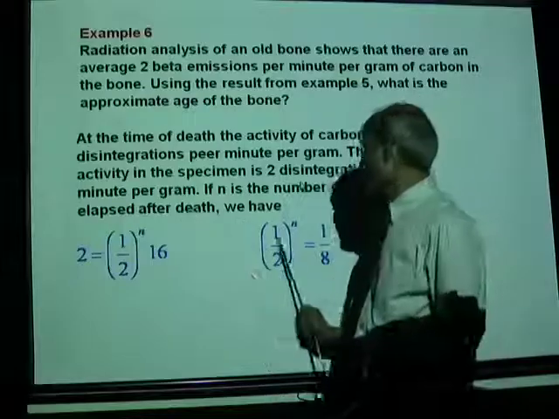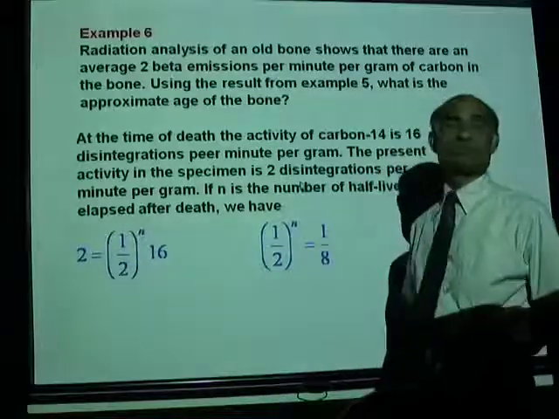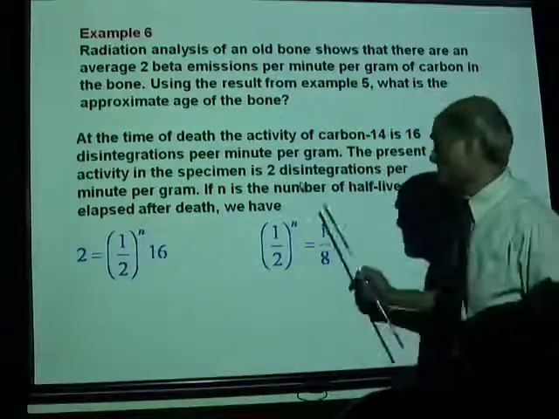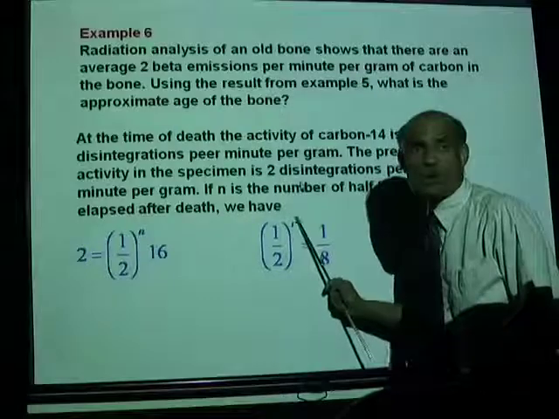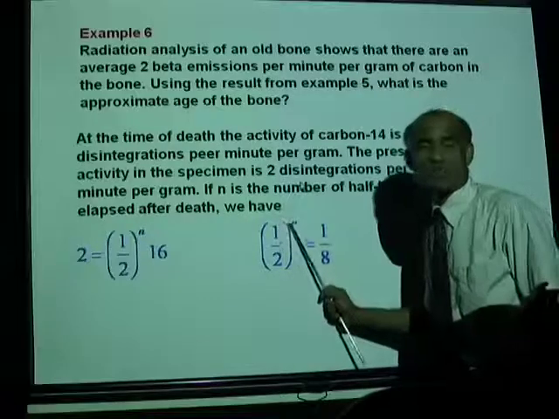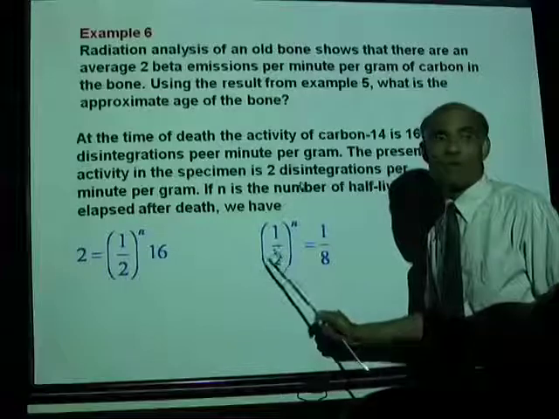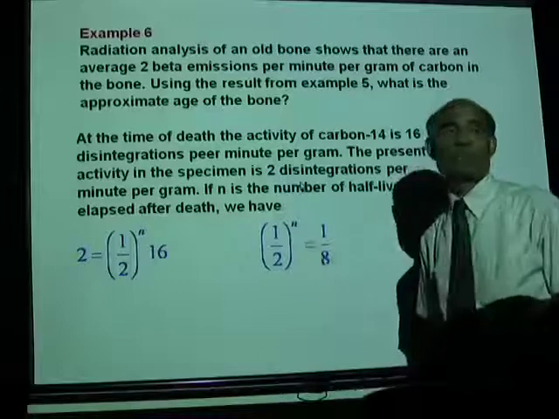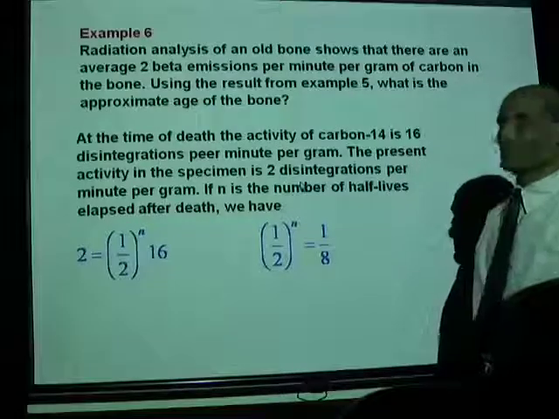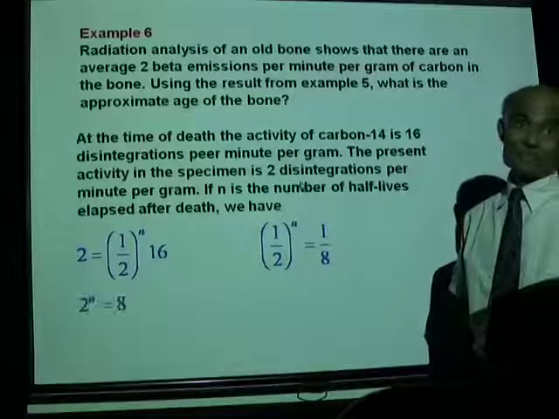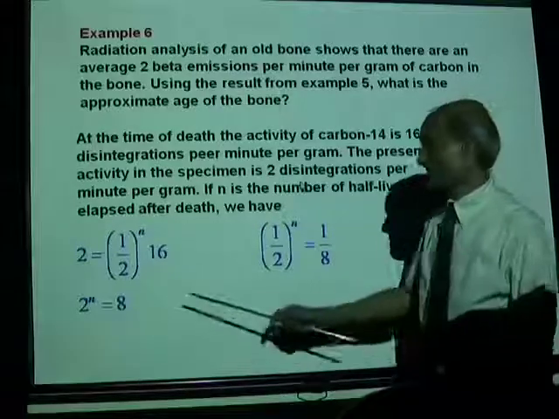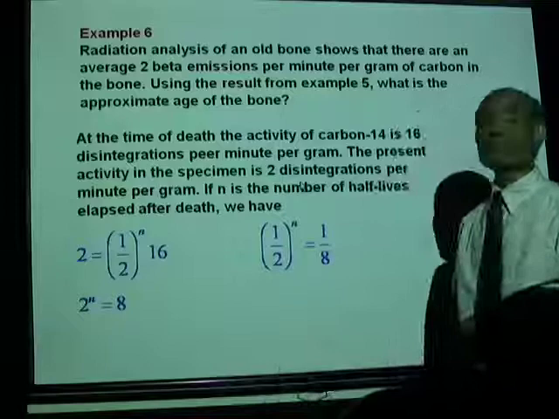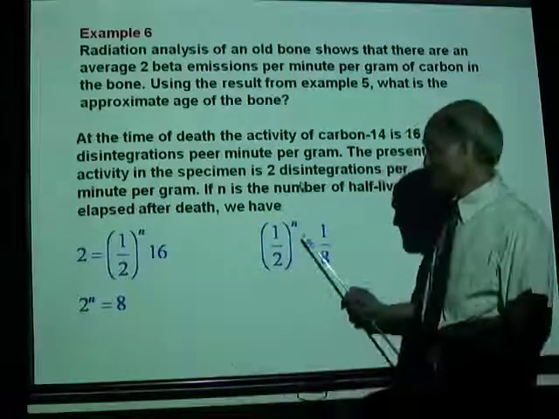We have 1/2 to the power of n equal to 1/8. Is there anybody who doesn't know how to solve that equation? Solve for n from here. 1/2 to the power of n equal to 1/8. Well, that gives you 2 to the power of n equal to 8, isn't it?